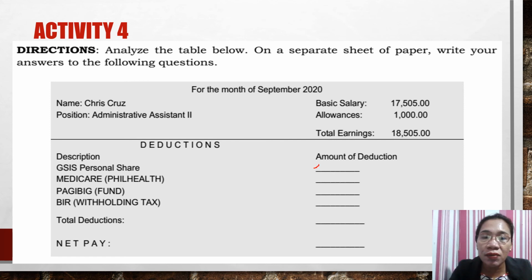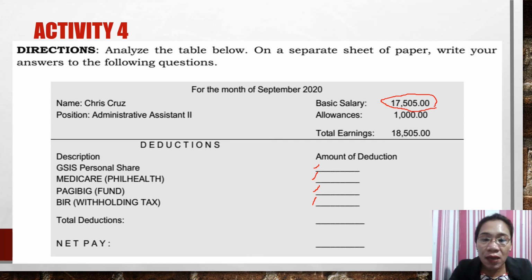Dito nyo sa basic salary, 17,505. Next question is PhilHealth. Magkano yung deduction niya sa PhilHealth? Next, magkano naman yung deduction niya sa Pag-ibig? And then, magkano naman yung withholding tax niya, yung ibabayad niya sa BIR.